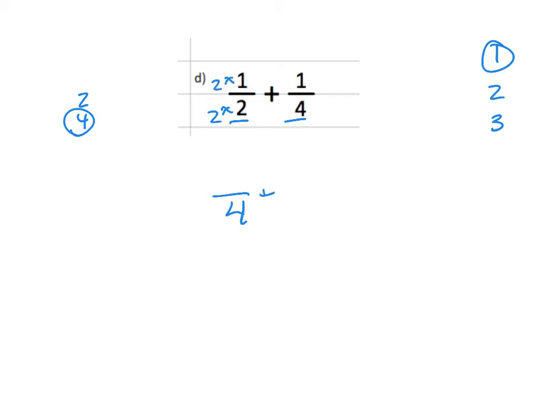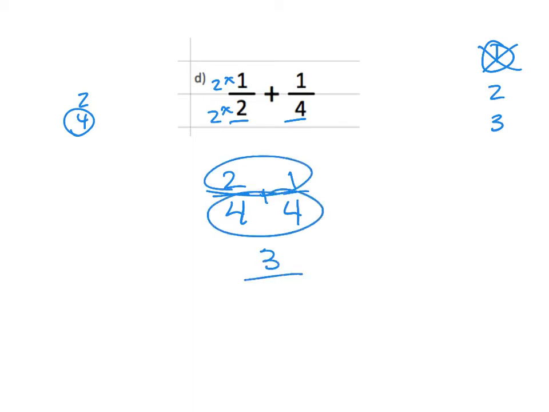So 1 times 2 gives me 2. And this one, I'm just staying the same because it's already got a denominator of 4. We're done with step 1. Step 2, 2 plus 1 is 3. Denominators stay the same. Step 2 is done. And it's already in simplest form, so step 3 is done.